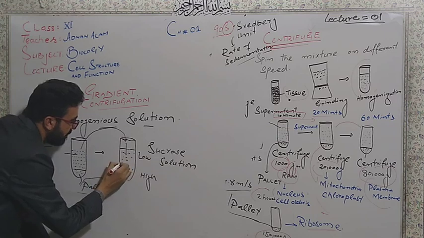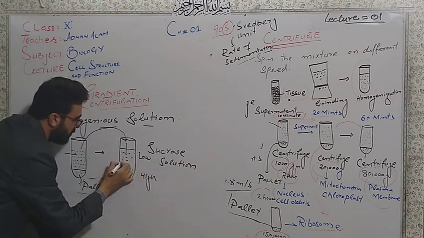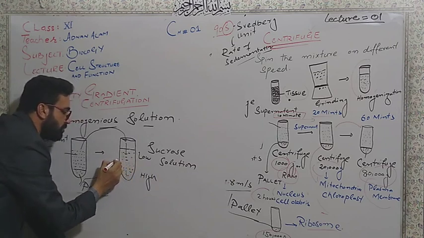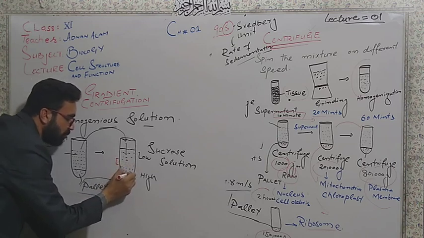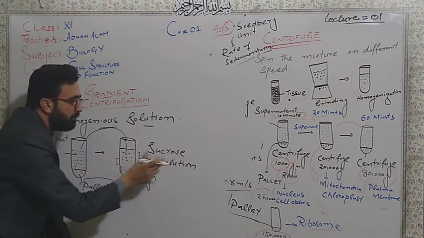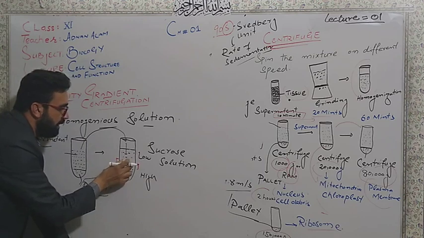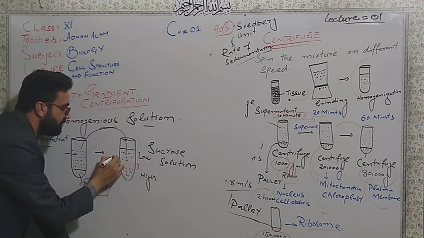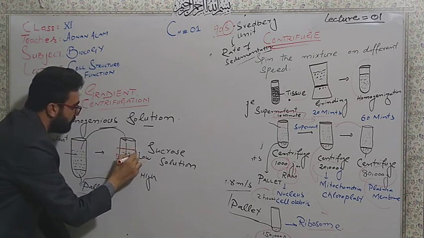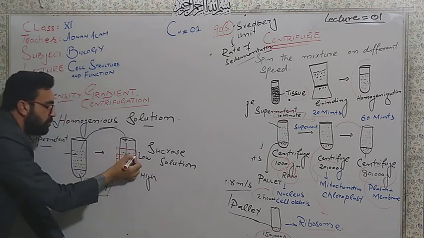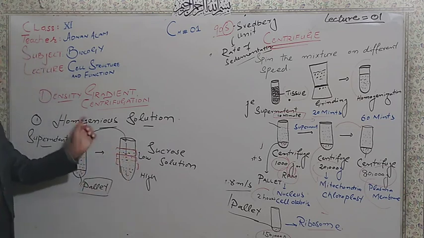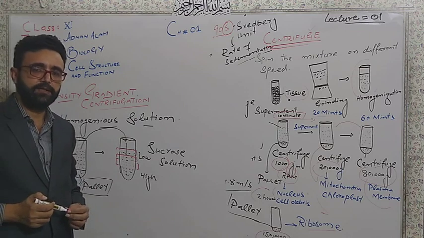But for example, mitochondria and chloroplast, these types of organelles will stop moving here because the saccharose particles are present here. So we will get the chloroplast and mitochondria, for example, present here. After that, the plasma membrane, and in the last, the ribosomes will be present here. Then we can separate this part, this part, this part, and each contains different types of organelles.